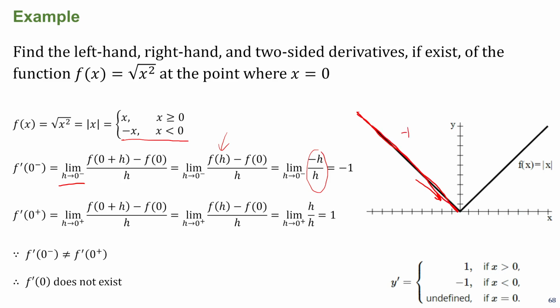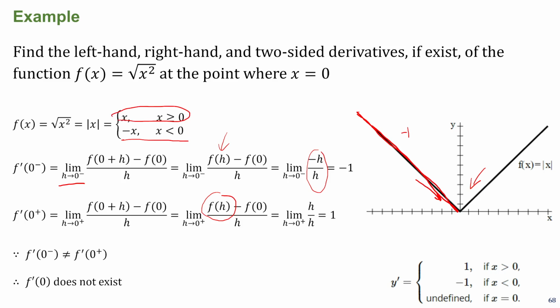And on the other side, when you want to find the right derivative when h approaches 0 from the right side, then you should use (f(0+h) - f(0))/h. The expression is the same. But this time, when you evaluate f(h), note that h is a positive number close to 0. So you should use this expression, f(h) equals h.